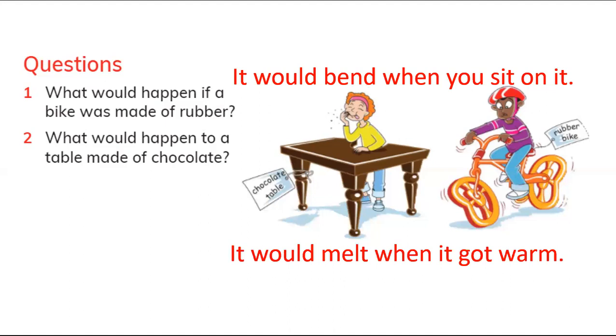So today we looked for the best material for different things. What is the good material to make a bike? Metal. What is the good material to make a table? Wood, but not chocolate. What is the best material to make spoons, forks, and knives?